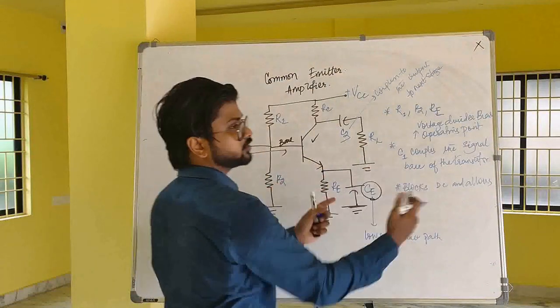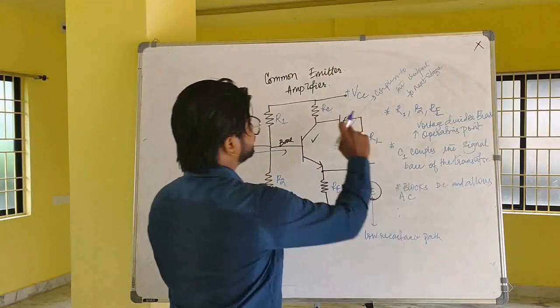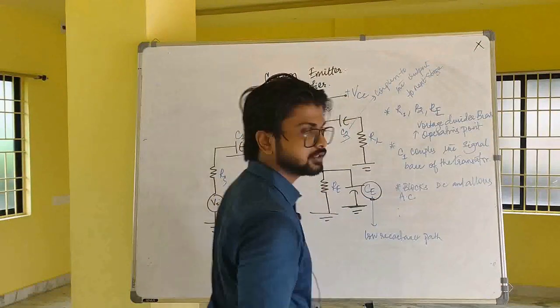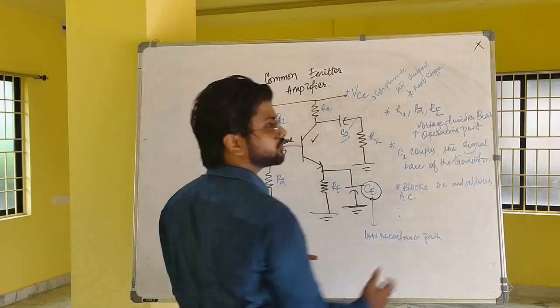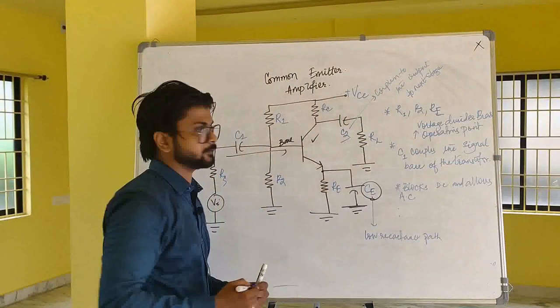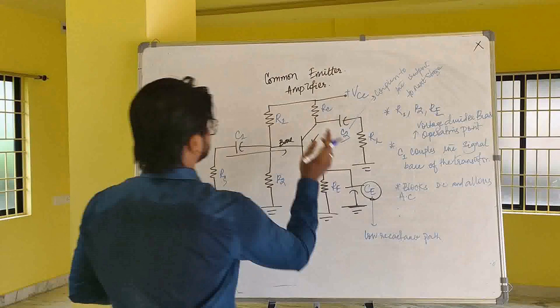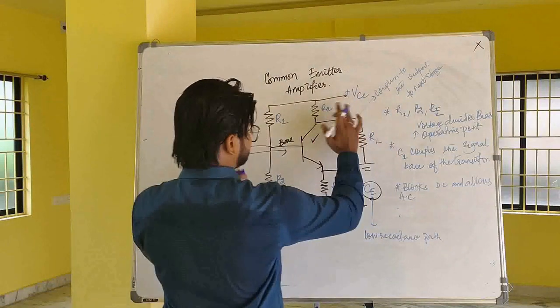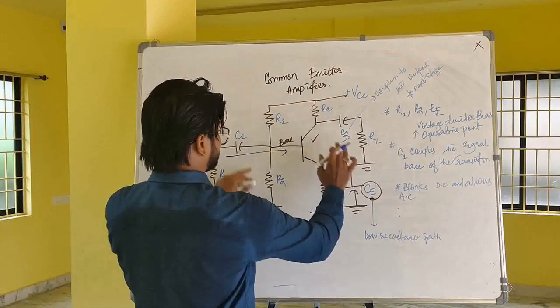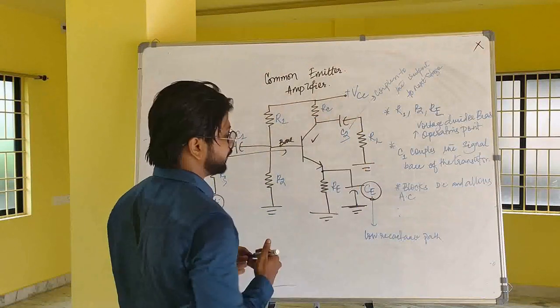Suppose we have a 2-stage or a 3-stage amplifier, this C2 will be connected to the input of the next stage of the amplifier. This in turn increases the amplifier's gain if we do it in a cascaded manner. These are the components used in this common emitter amplifier.